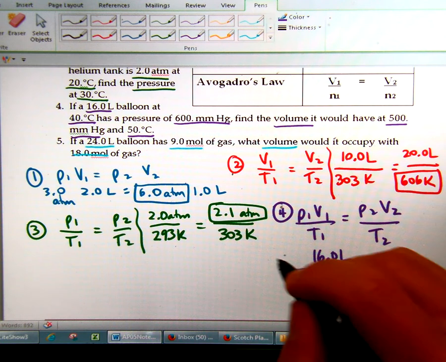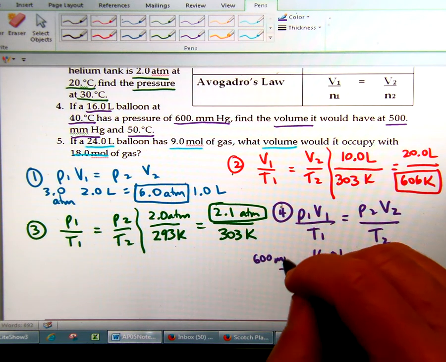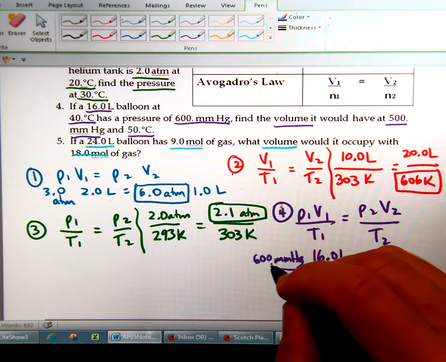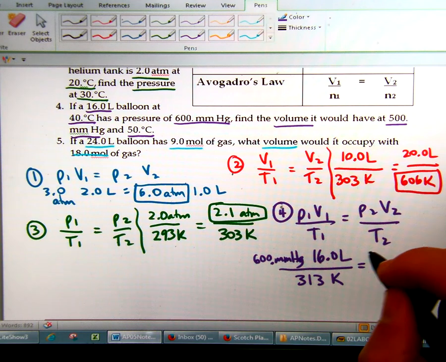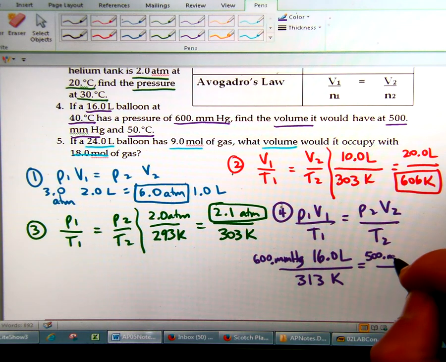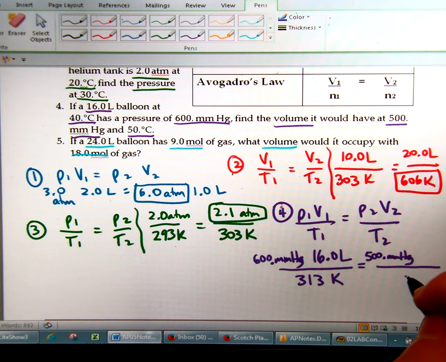And then you're going to have 600 millimeters of mercury. You'll notice that I'm just using the units they gave me. I'm allowed to use any units I want as long as I match them. So 500 millimeters of mercury, and you got 50 degrees Celsius. So you're going to get 323 Kelvin for that.